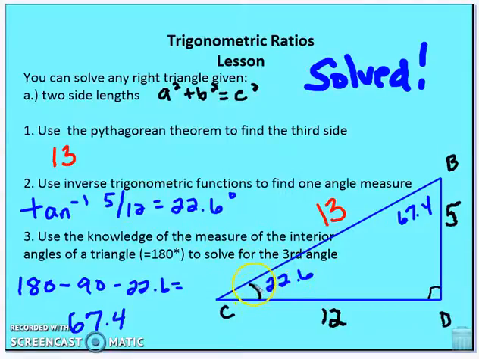So we'll say the inverse tangent of the side opposite, 5, over the side adjacent, 12, is equal to the angle measure. If you calculate inverse tangent of 5 over 12, you'll end up with 22.6 degrees. 22.6 degrees leaves us with a balance of 67.4 degrees for angle B, because we know the sum of the measures of the angles in a triangle equals 180 degrees.